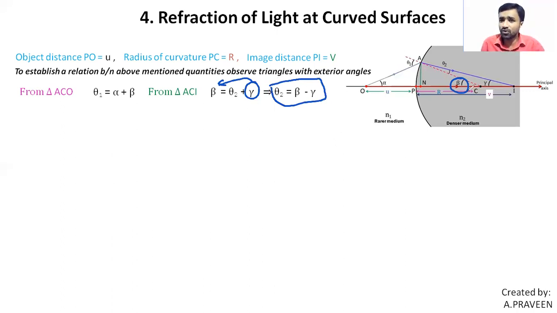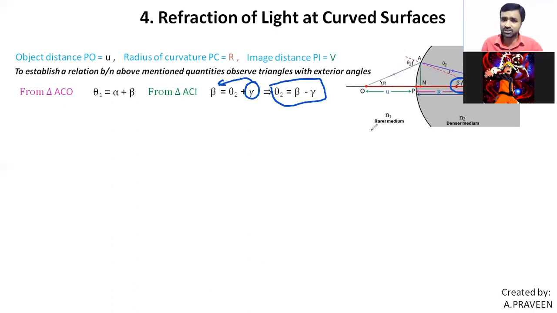Sir, why did you find only theta 1 and theta 2? Why not alpha, beta, gamma? Anybody? Why do we need only theta 1 and theta 2? Because here theta 1 and theta 2 are the incident angle and refracted angle at point A. Clear?